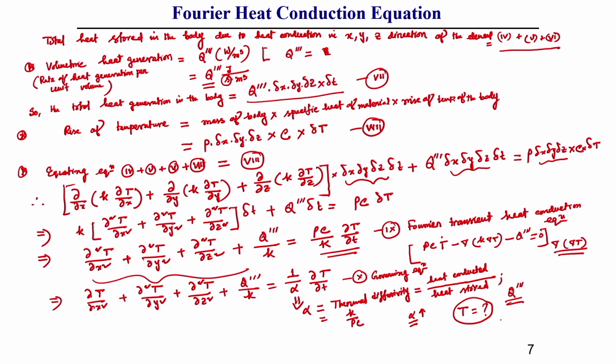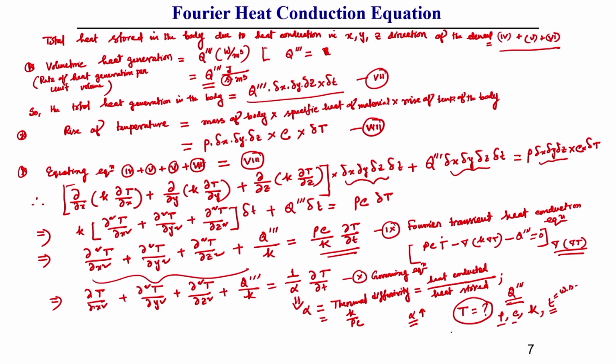Other parameters are density, specific heat, and thermal conductivity, these are the 3 parameters. Apart from this, there is temperature, and time is also there. This time generally depends on welding velocity, and these are all material constants.